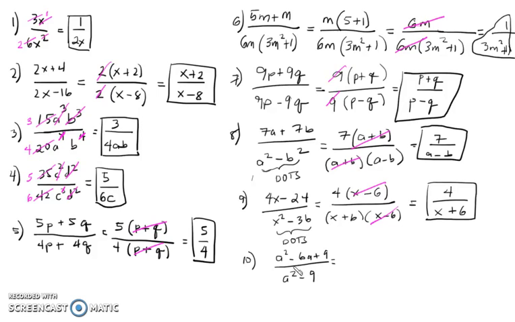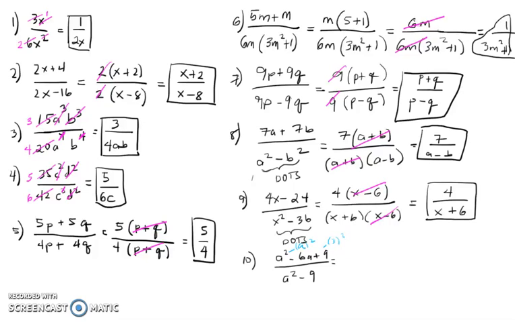Because if I get the square representation of the numerator, this would be a quantity squared, and this will be 3 quantity squared. And if I multiply, 3 times a is 3a, times 2, or double the product of 3 times a, that gives us 6a, or the additive inverse, negative 6a.